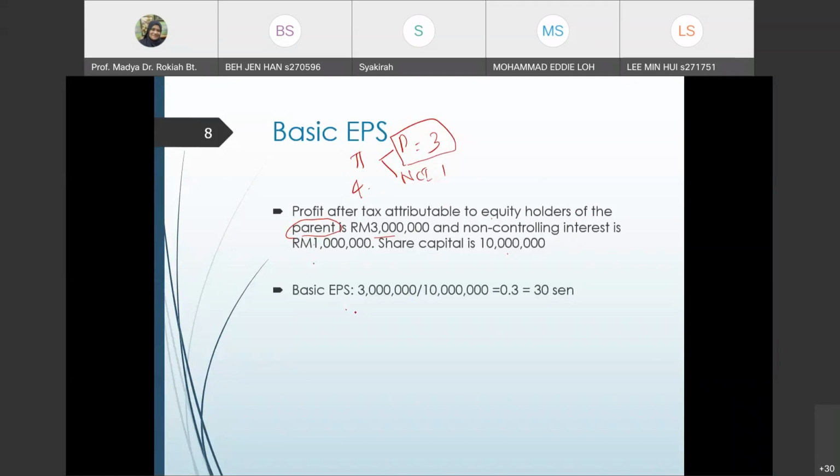To calculate basic earnings per share, the profit to the parent divided by the number of shares is 3 million divided by 10 million, which equals 0.3, or 30 cents. Simple: profit to parent divided by number of shares.